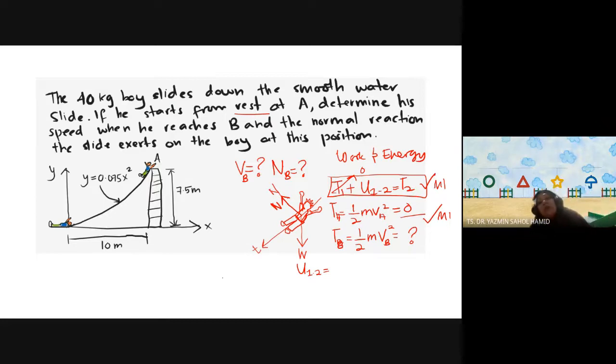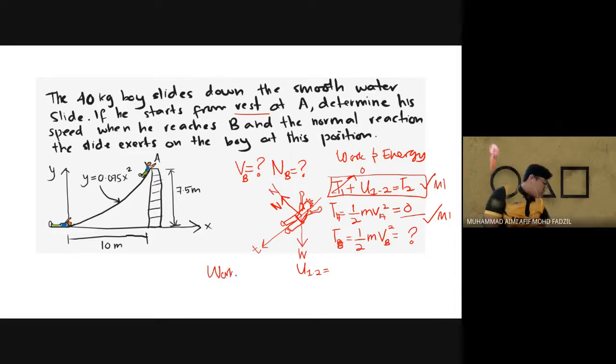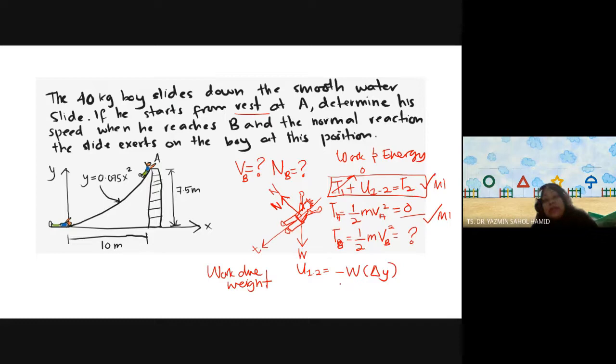Now, what is the formula for work due to weight? Negative W delta Y. Yes, so you have to use this. So what is negative W? Negative mg. And what is delta Y? Y2 minus Y1.